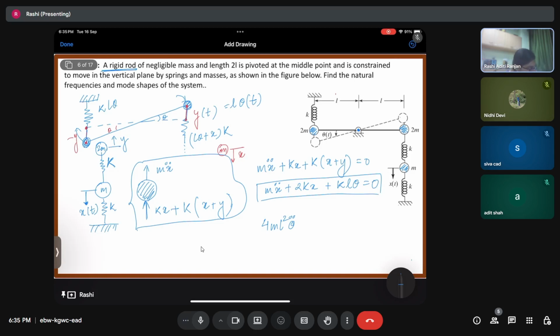So we are going to have plus k(L theta plus x) into L plus kL theta into L, going to be equal to 0. So the final equation becomes 4mL square theta double dot plus 2kL square theta plus kL into x is equal to 0.